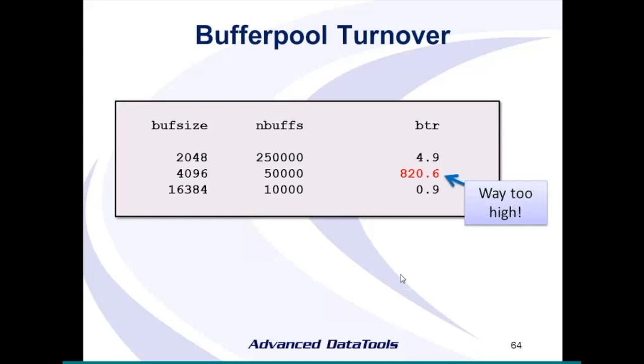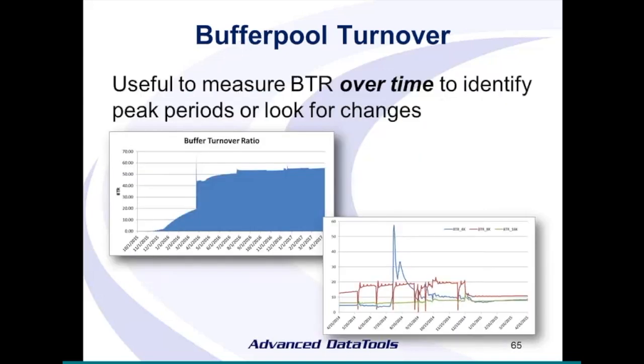Now, I like to monitor the buffer turnover ratio. It's something we do as part of our support work. And we look at it, not just the current buffer turnover ratio, but the turnover ratio over time. And so we can then look for changes, especially looking for big changes.